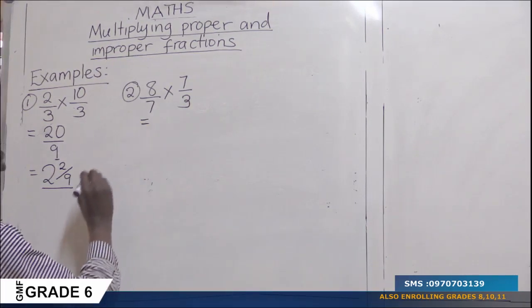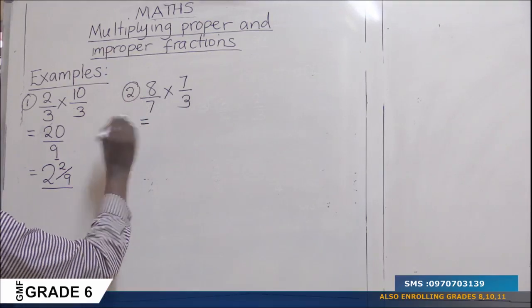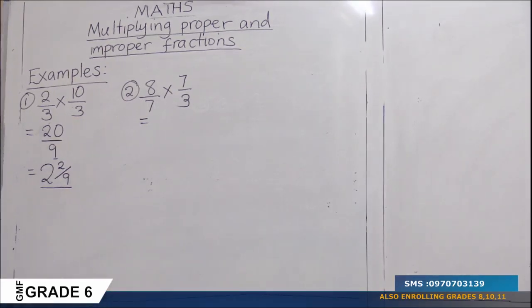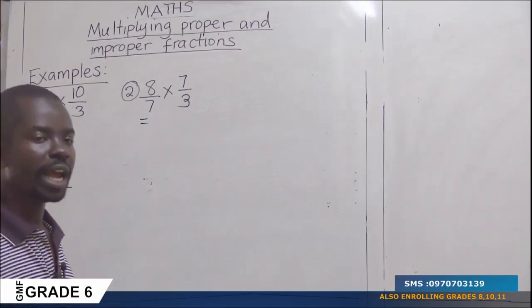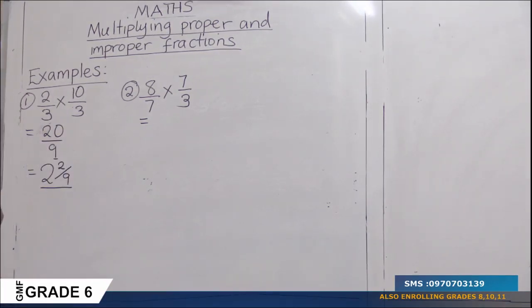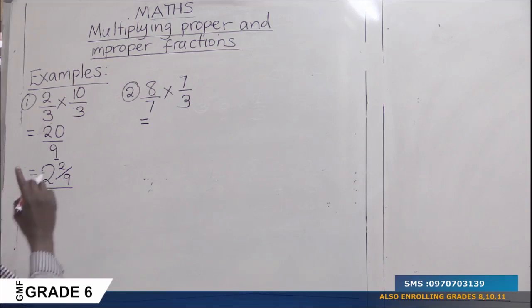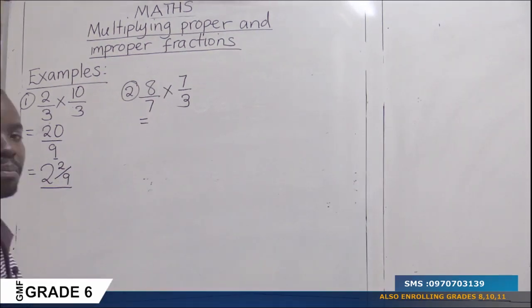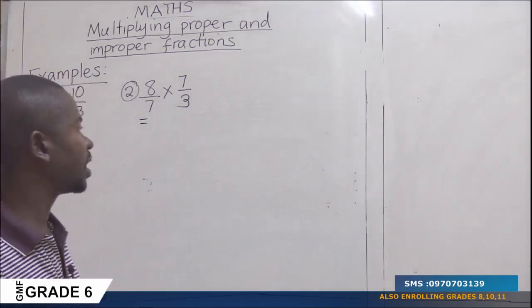So our example 2 says 8 over 7 times 7 over 3. How do we find the answer, boys and girls? If we multiply 8 times 7, the answer may be too big for us and we may end up wasting time.